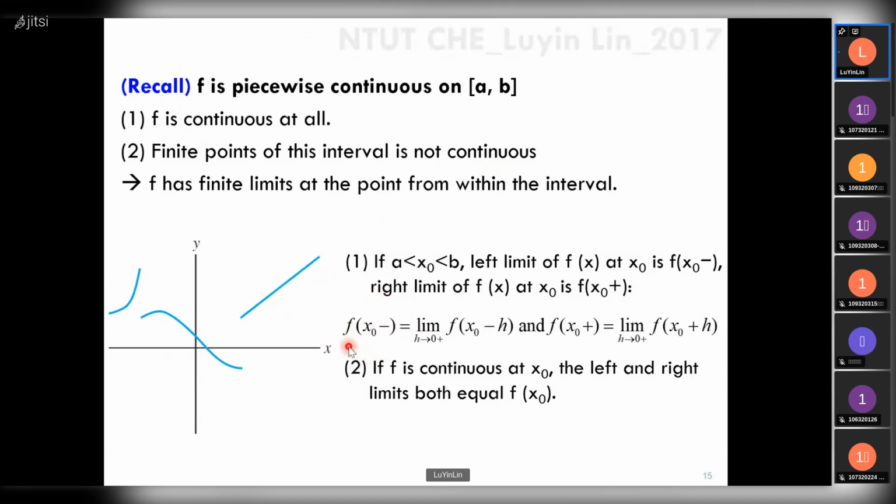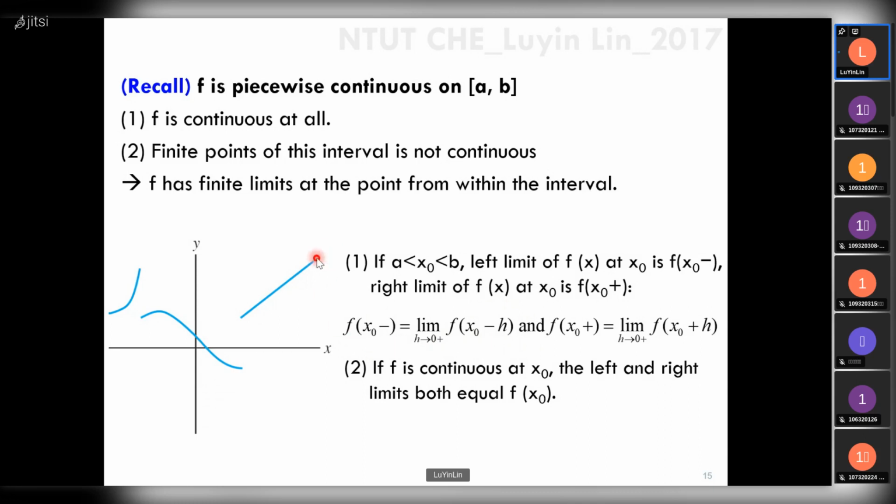If f is from x0 minus, that means the point is from the left-hand side to x0. So the range is x0 minus h, but h is approaching 0. When h is approaching 0, x0 minus h is approaching x0, right?